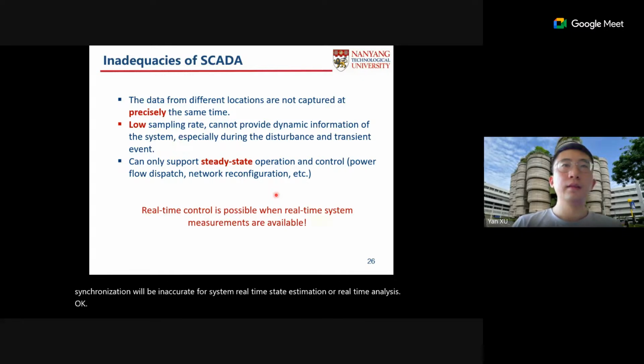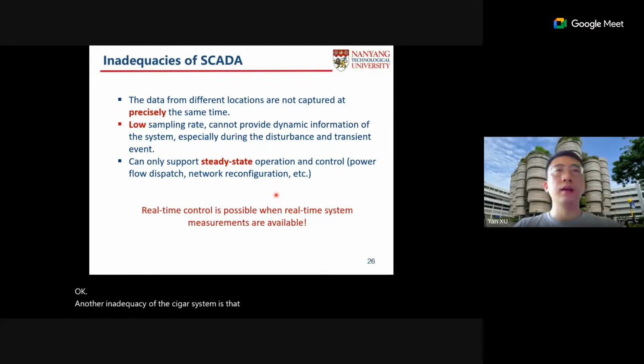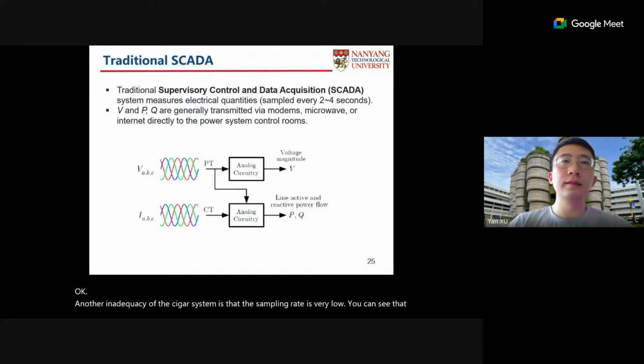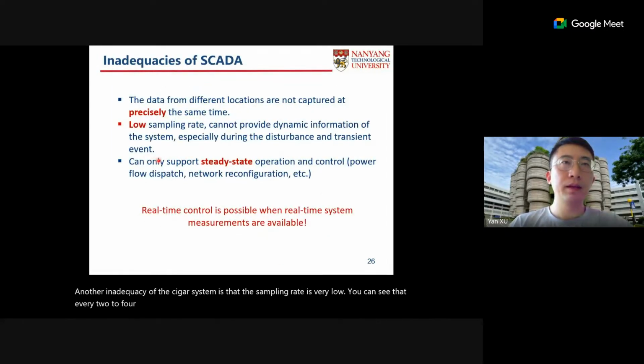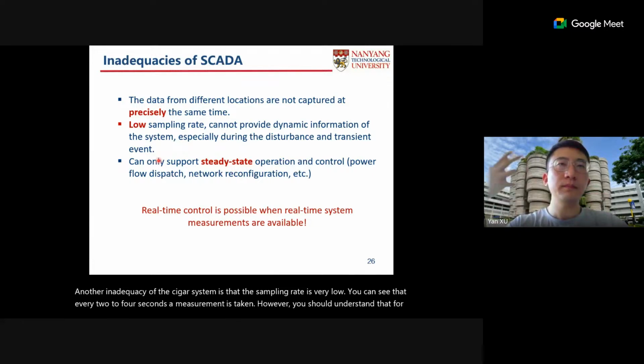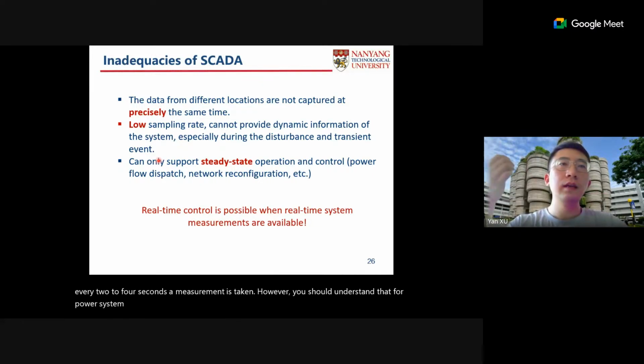Another inadequacy of the SCADA system is that the sampling rate is very low. You can see that every 2 to 4 seconds, a measurement is taken. However, you should understand that for power systems, the dynamic behavior has a very short time interval, sometimes in the range of milliseconds, not to say seconds.